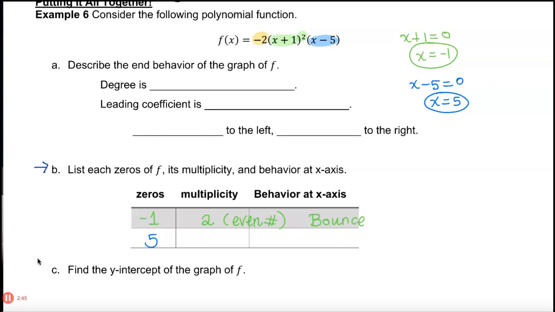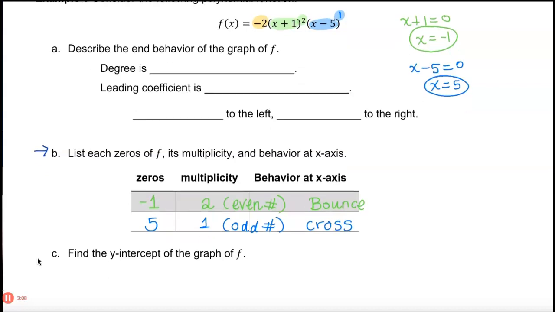The factor x minus 5 does not have a power written, but that just means it is x minus 5 to the first power. So the multiplicity is simply 1, and because 1 is an odd number, the graph will cross at x equals 5.